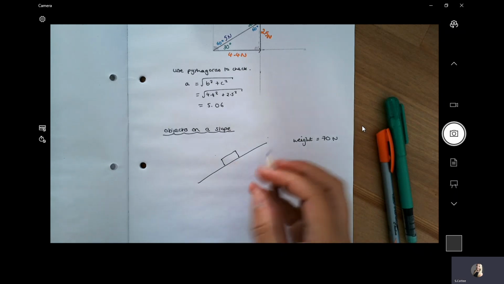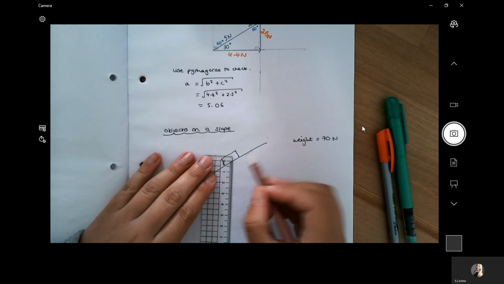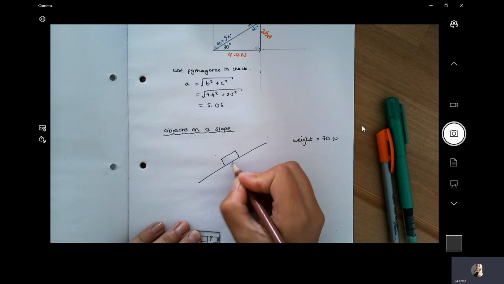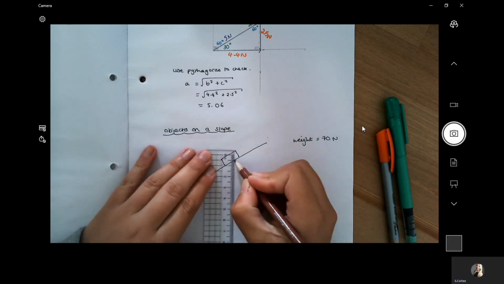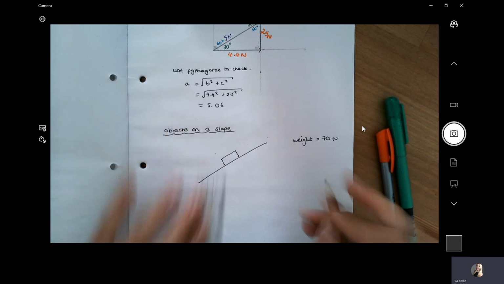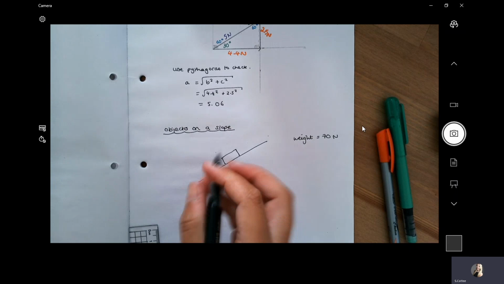So I know that weight has to act vertically downwards. Again, I'm not going to draw this in first of all, because I don't know yet how I can make that be a complete vertical line. But what you could be told in a question is the angle of your slope.